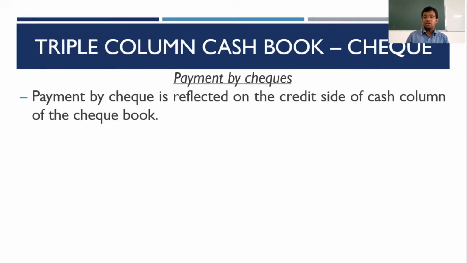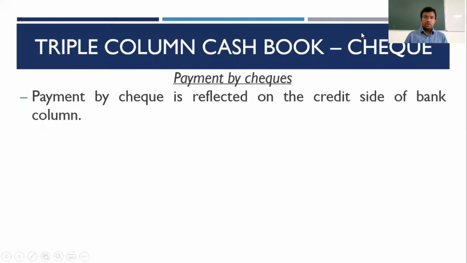Any payment by check would be reflected on the credit side of the bank column. Please remember, whenever we carry out any payment by check, it would be reflected on the credit side of the triple column cash book, specifically in the bank column.